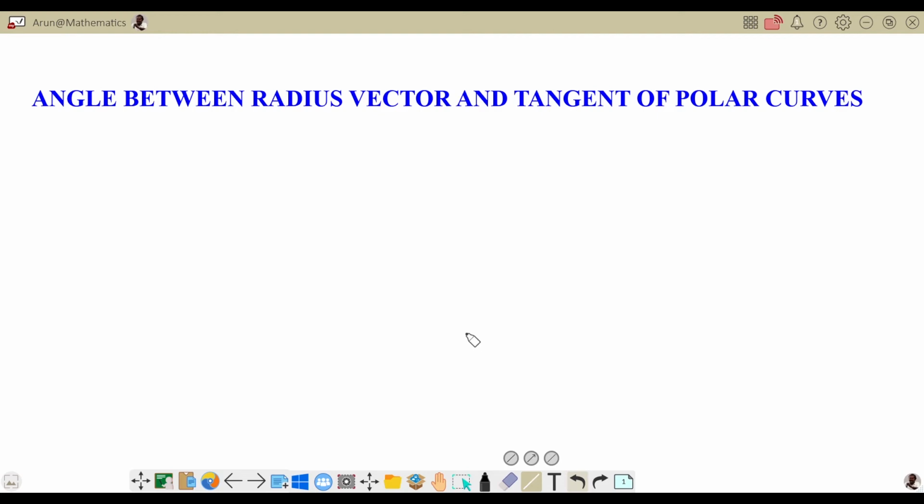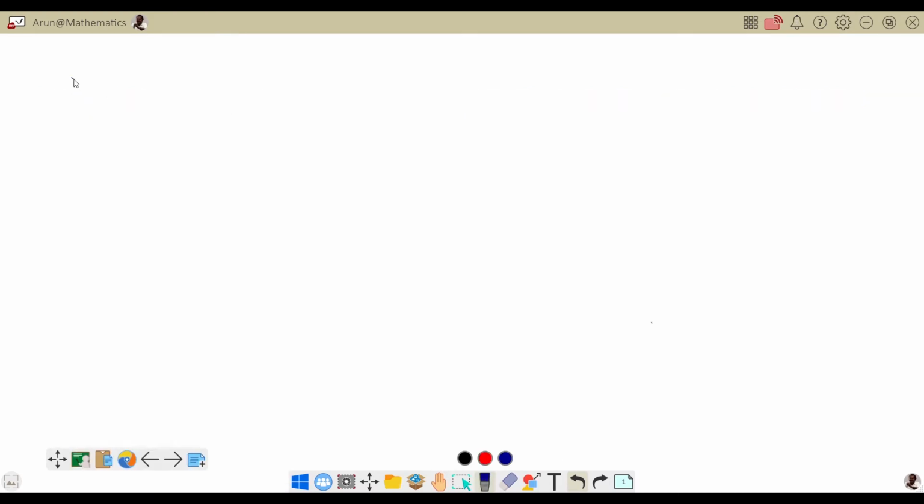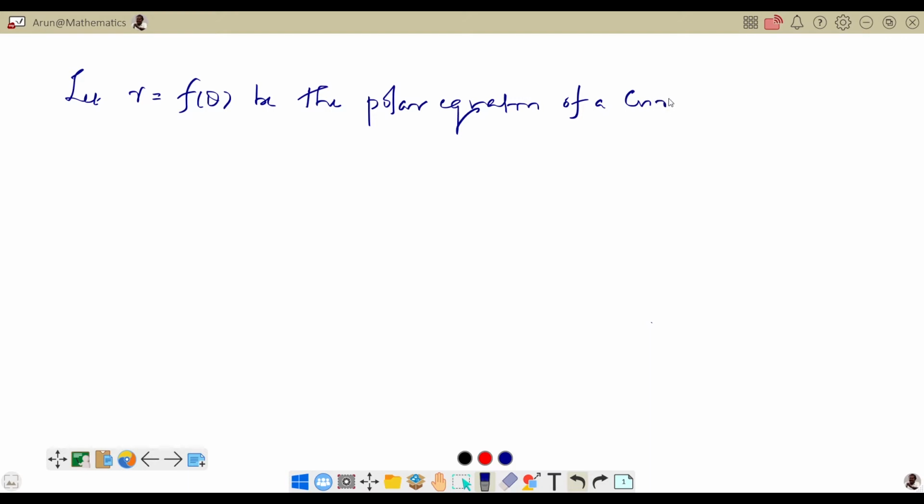In today's class on analytic geometry, we will discuss the angle between the radius vector and the tangent of polar curves. Let r equal to f of theta be the polar equation of a curve. Suppose you have a curve like this, and suppose that this is r equal to f of theta.